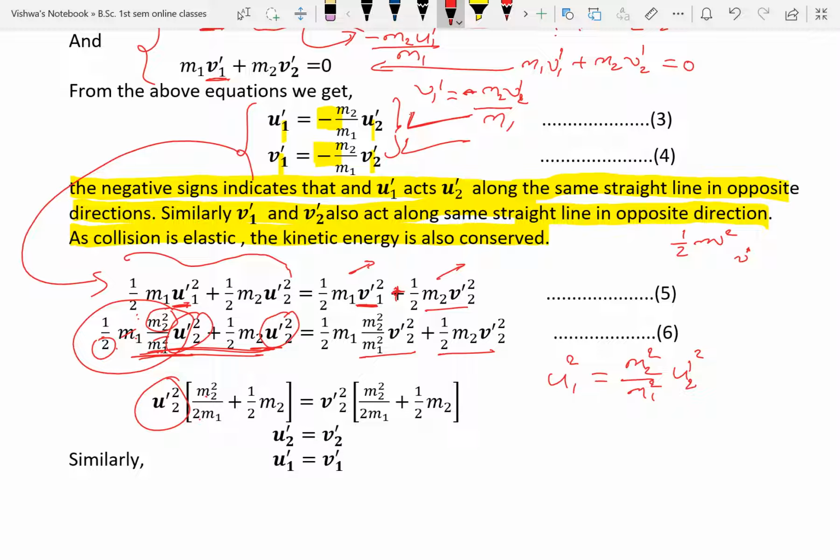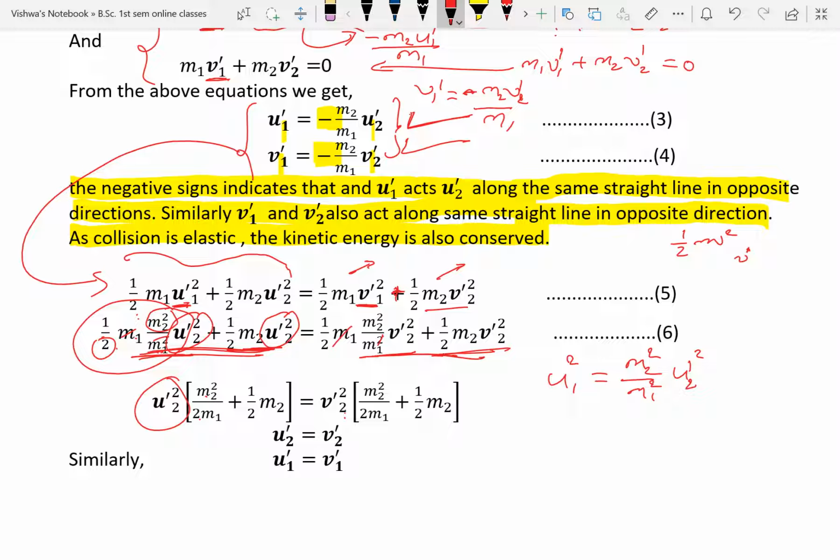So in total it becomes m2 square by 2m1 plus, from this term, the remaining is only 1 by 2 m2. That is equal to, and from these two terms v2 prime square is common, take it common, and here also the same. m1 gets cancelled, the remaining is 1 by 2 m1, so in total it is m2 square by 2 m1 plus, from this term, 1 by 2 m2 remains.